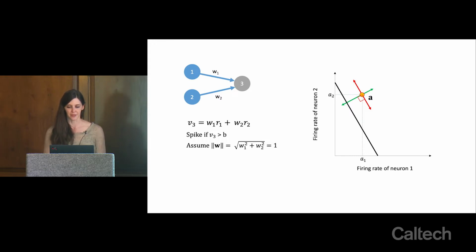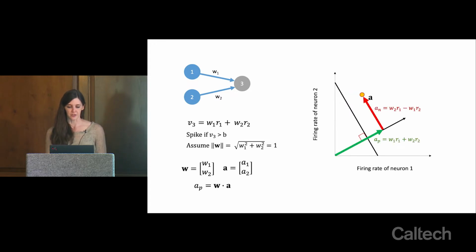So in math, the concept of projection is pretty much what I just showed you for spiking neurons. You define a decision boundary, a dimension that you're going to project that signal onto.